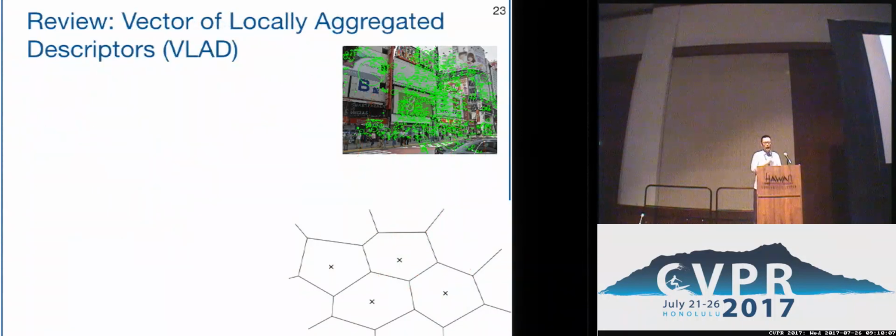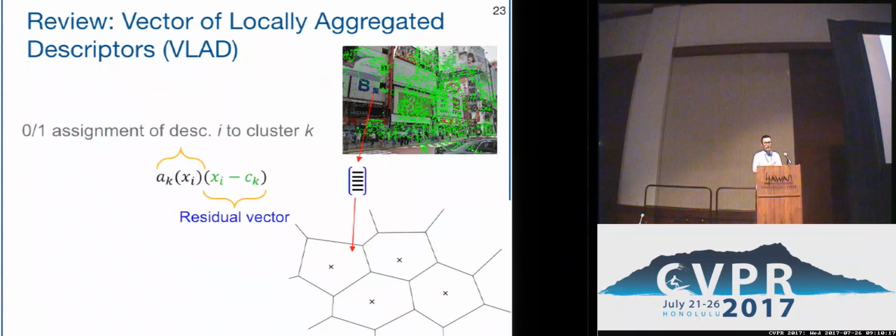Next, a more recent aggregation method is VLAD, where a descriptor is assigned to its closest cluster, same as Bag of Words, but extra information is kept in the form of the residual. In other words, the difference between the descriptor x and the cluster center c_k is stored.